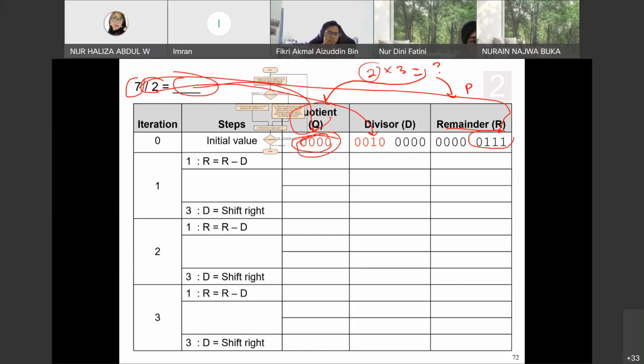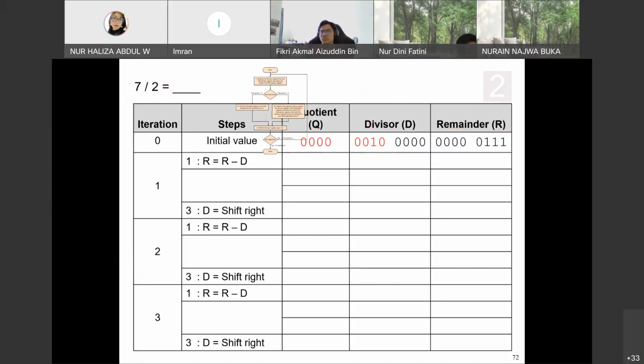And your initial value that you are trying to divide with, you're going to put at remainder. Okay, so here, you're going to put as a R. Here, you're going to put as the D. And the one that you don't know, you're going to put at the Q. This is the initial value, is 0.